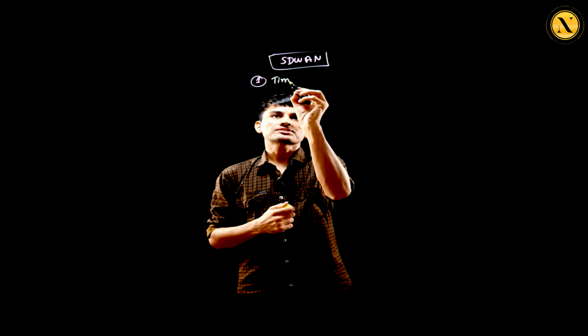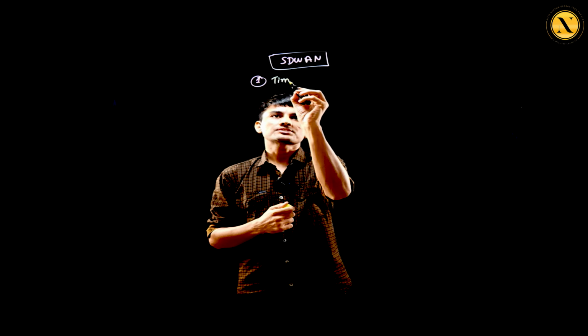Even if you use some PBR, there is still not that much flexibility or freedom for shifting traffic from one link to another. So you are always bound to your transport links. Your WAN is always transport dependent, whatever kind of links or circuits you use. That is the transport dependency, the second factor.